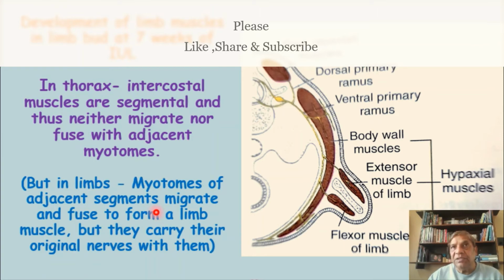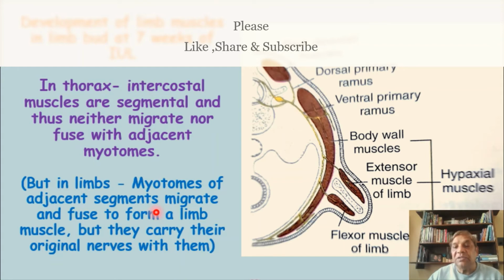That means the C5 myotome was supplied by the C5 spinal nerve, ventral rami, not the dorsal, because it is the hypaxial musculature, supplied by the ventral rami, that migrates into the limbs, not the epiaxial or back musculature, which is supplied by the dorsal primary ramus.